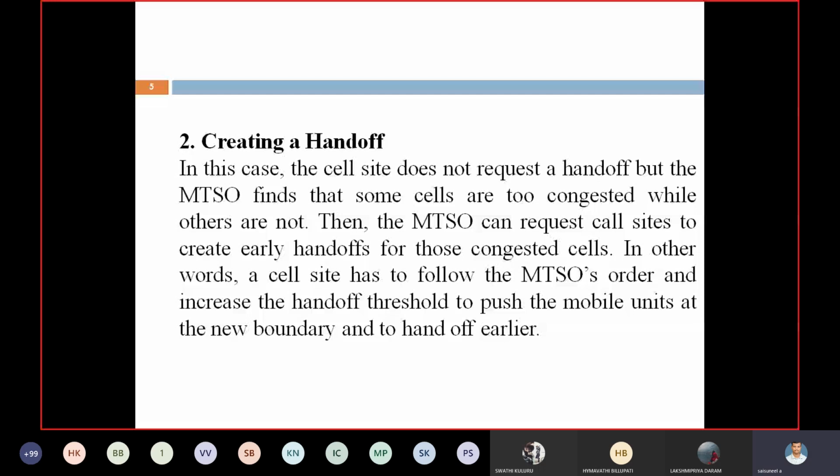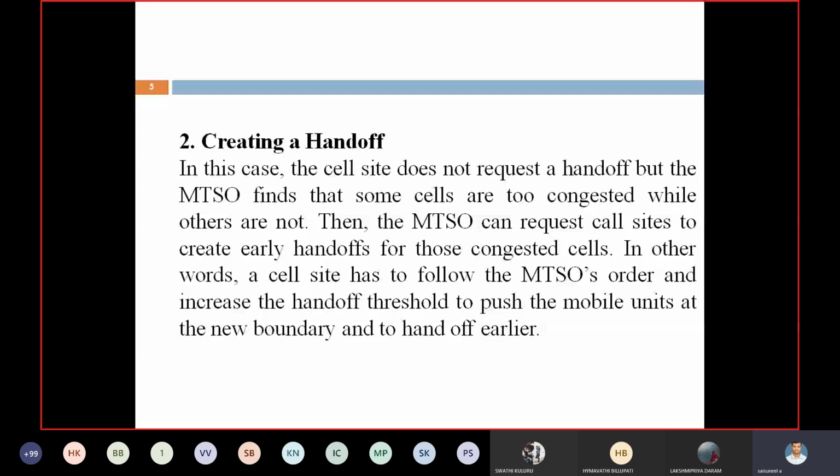Whenever the signal strength decreases, the mobile can send a signal to the base station through the reverse link. What is meant by forward link? The forward link is from the base station to the mobile station. So based upon signal strength, the signal strength decreases.